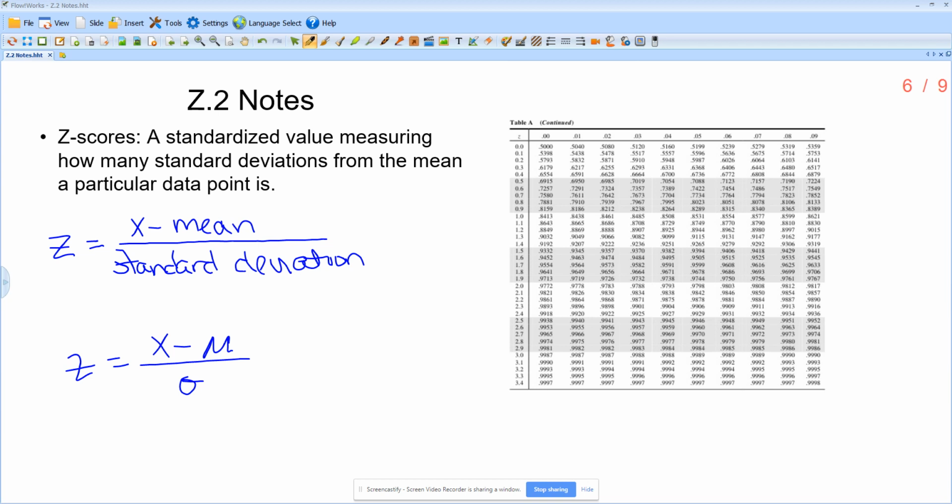So what I'm thinking about is like if we took a test, just a regular honors pre-calc test, I could give you the mean, I can give you the standard deviation. And from that alone, you can figure out what percent of students you did better than, because you would have your score minus the mean divided by the standard deviation.